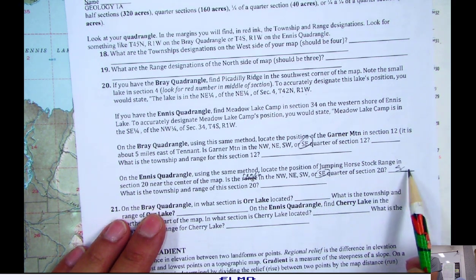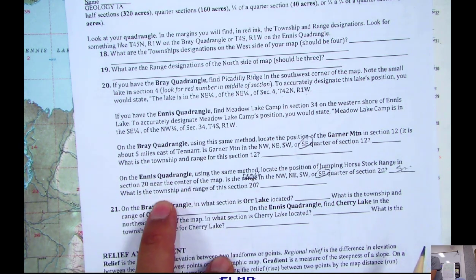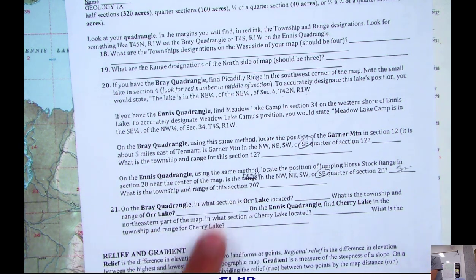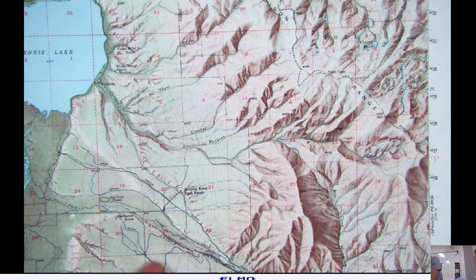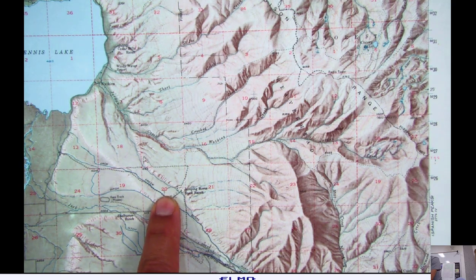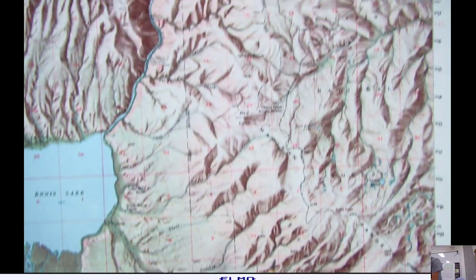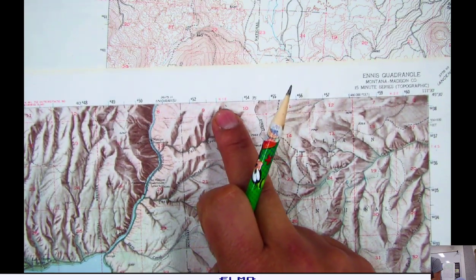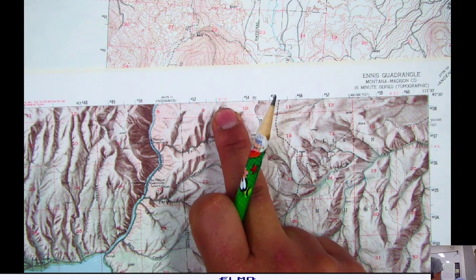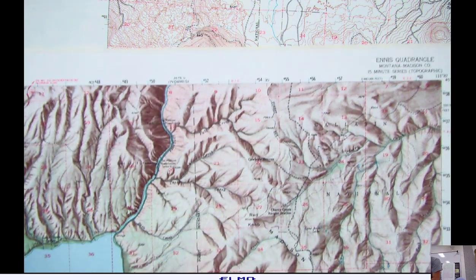So you put southeast here. And what is the township and range of this section? So for section 20 here, because we're looking at this one, you would go over to the side here. It looks like it's in Township 5 South. And then you go north up here and it's Range 1 East, right? That's how you find the township and range.